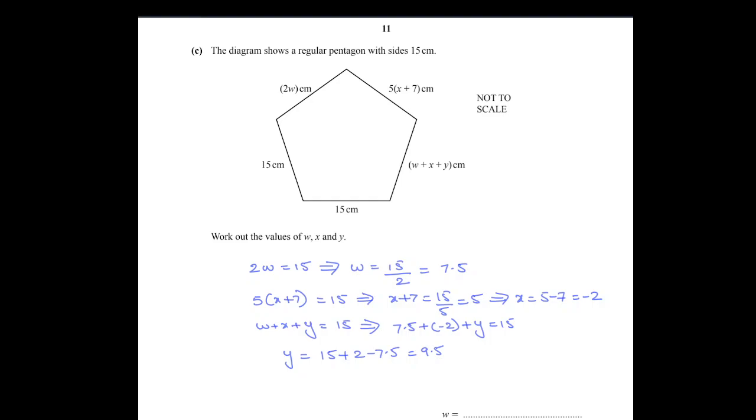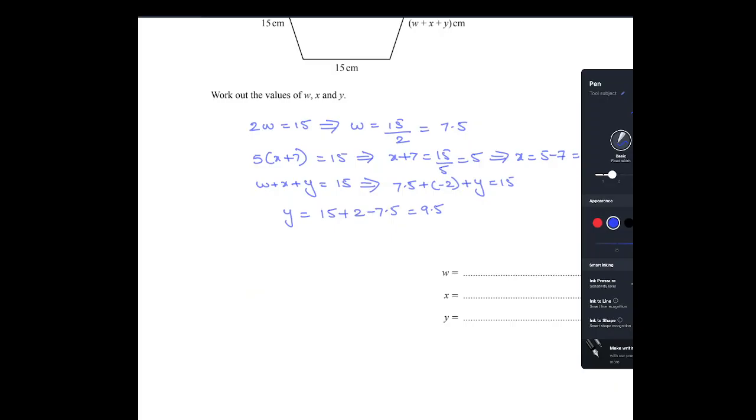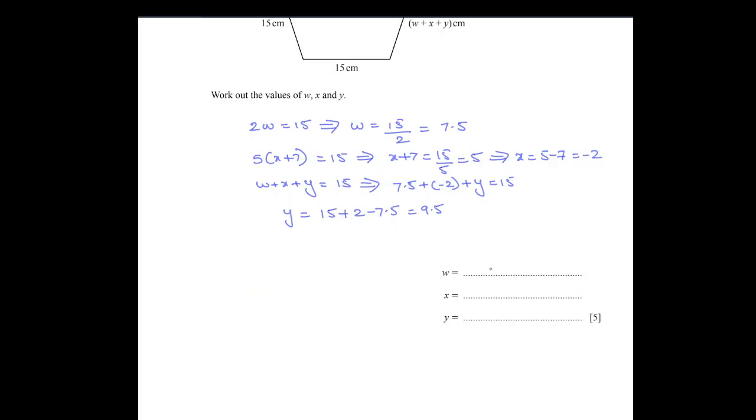So these are the values of w, x, y. W is 7.5, x is minus 2 and y is 9.5.